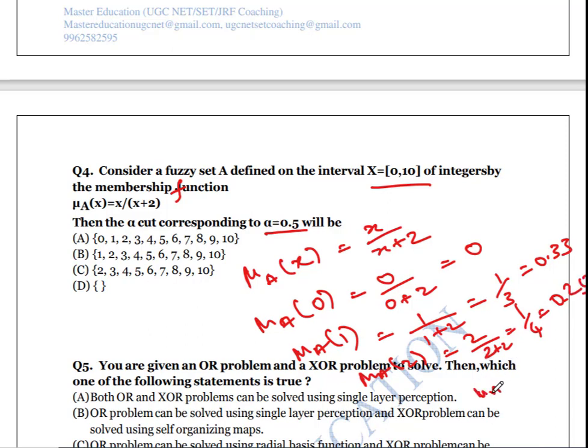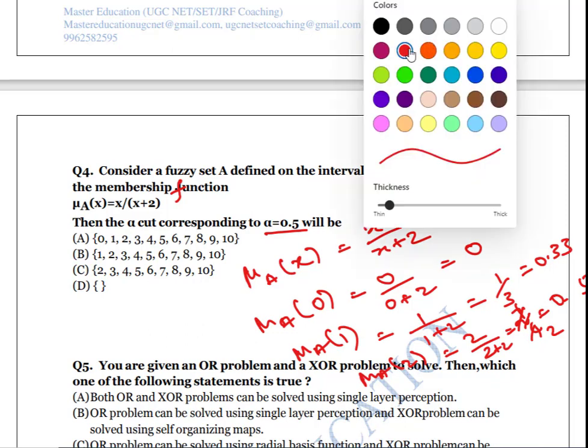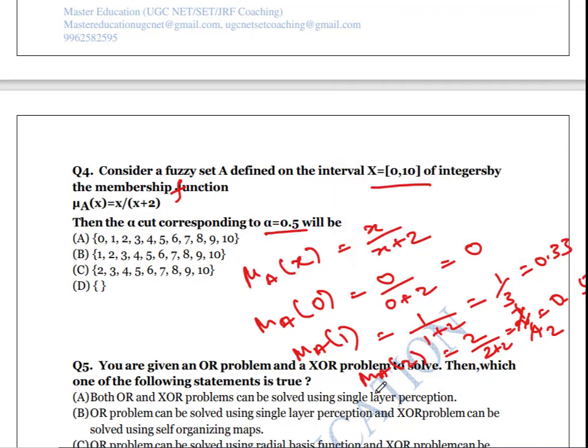So when I apply mu A of 3, it is 3 divided by 5... sorry, correcting this: mu A(2) is 2 divided by 4, that is 1 by 2, equal to 0.5. So 0.5 is reached at mu A(2).